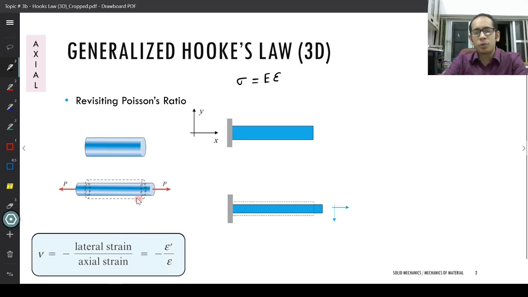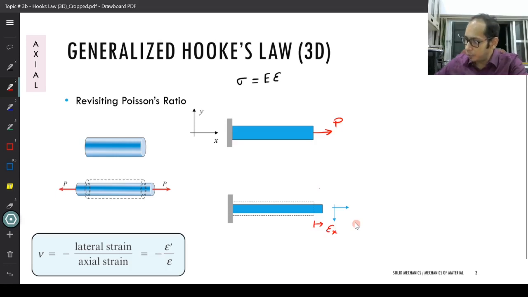Let's introduce some coordinate axes and see how the same expression can be written in 2 dimensions. What you have here are the coordinate axes x and y, and for the same bar, let me pull it now with a force P. If I am pulling this with a force P, I will get an equal and opposite reaction at the support. For this bar, I have a longitudinal strain, as you can tell, which I am going to mark with epsilon x because it is in the positive x direction.